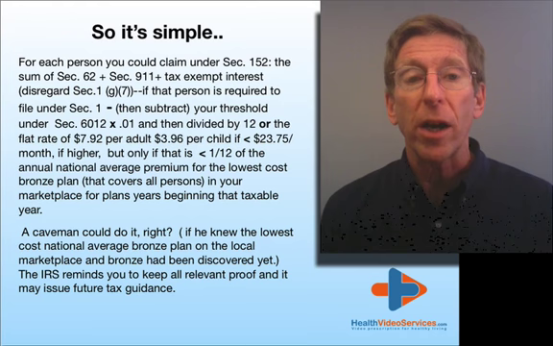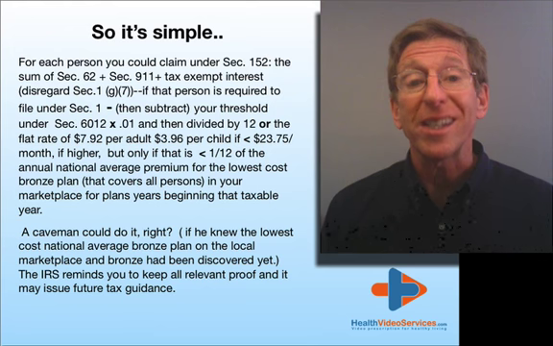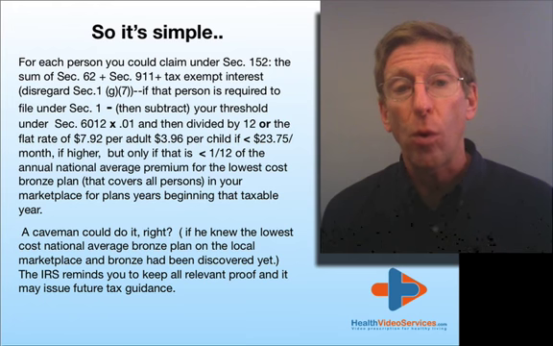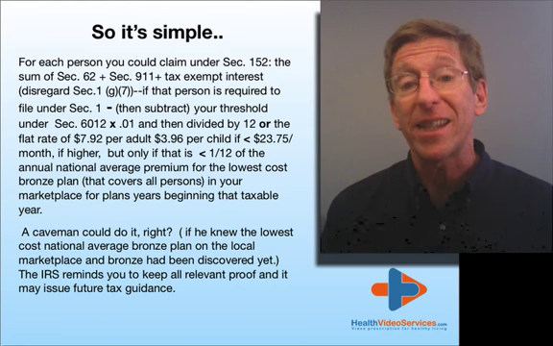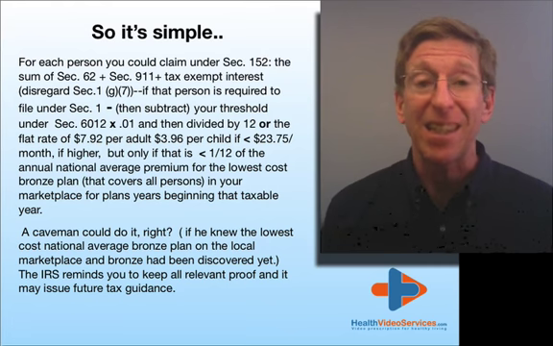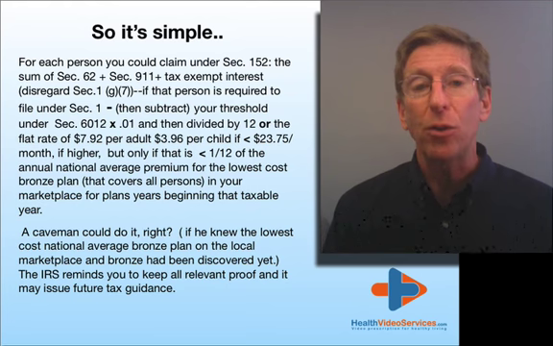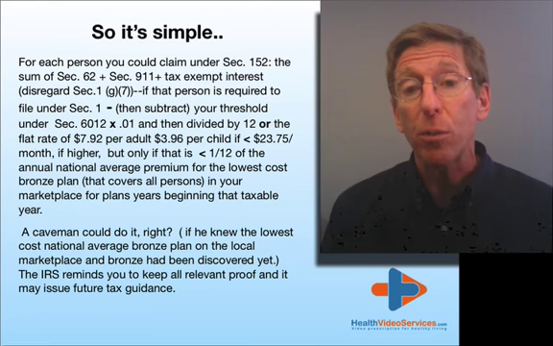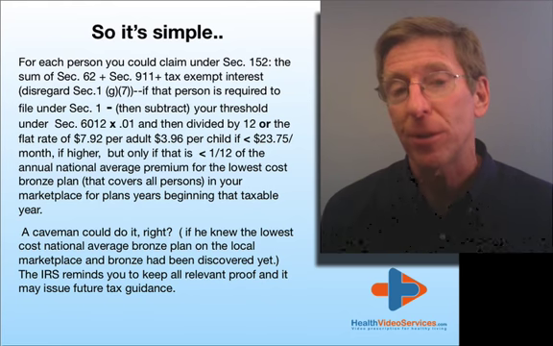If that person is required to file under Section 1, then subtract your threshold under Section 6012, times 0.01, and then divide by 12, or the flat rate of $7.92 per adult and $3.96 per child, up to $23.75 per month, whichever is higher, but only if that is less than 1/12 of the annual national average premium of the lowest cost bronze plan that covers all persons in your marketplace for plan years beginning that taxable year.